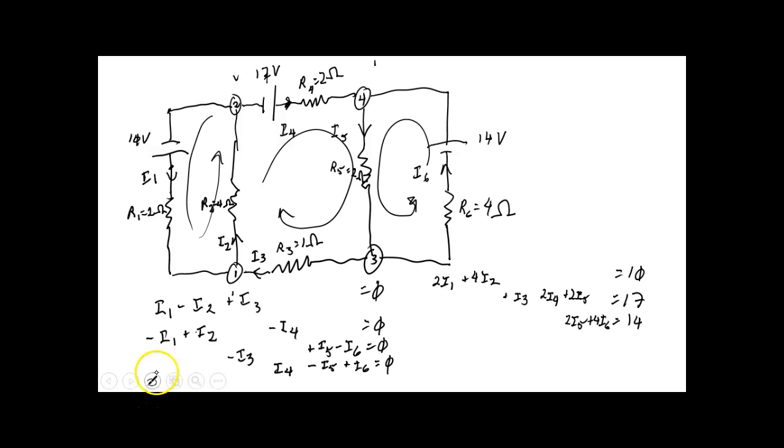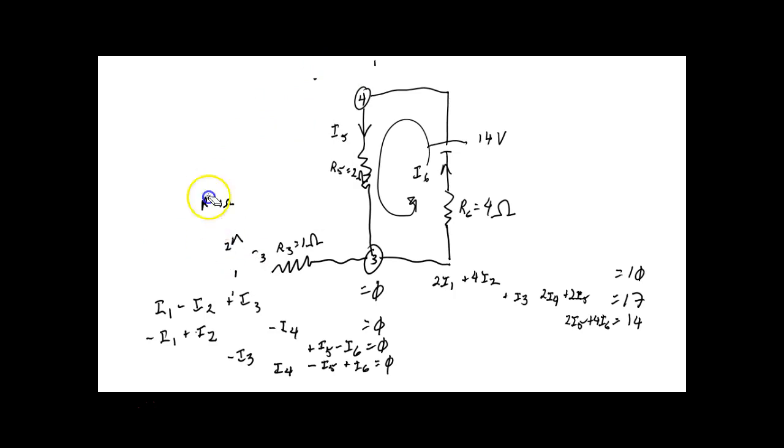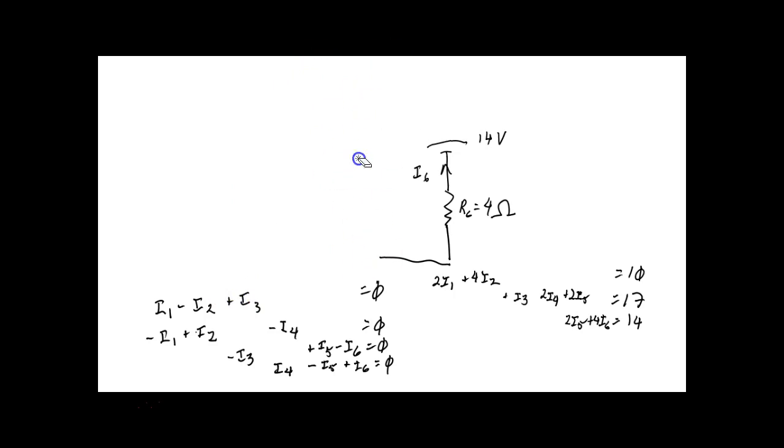So let me erase it, and that's where we'll start with our matrices. The other reason I like doing the 3 interior loops, you only had 1 battery in each loop. So you had some number there, and we weren't arguing about what that needed to be.